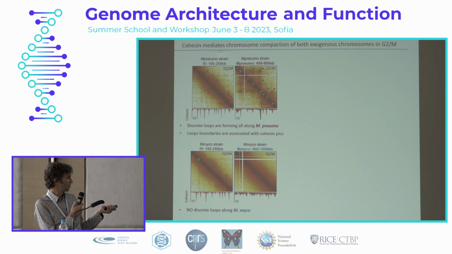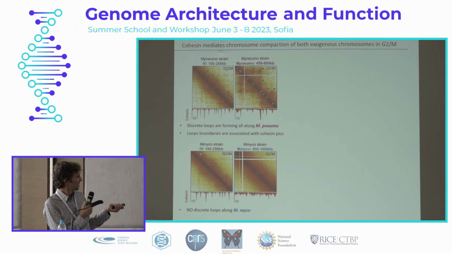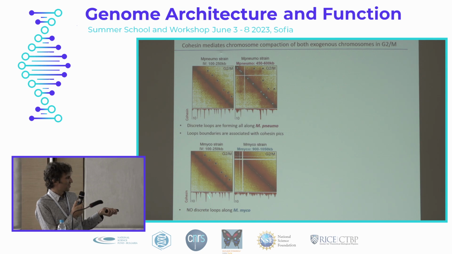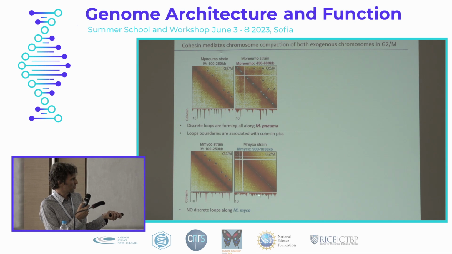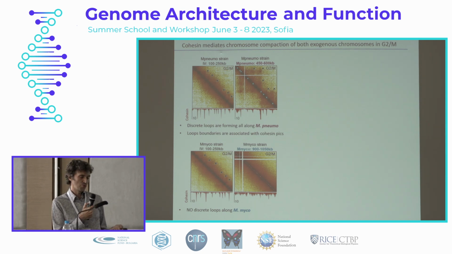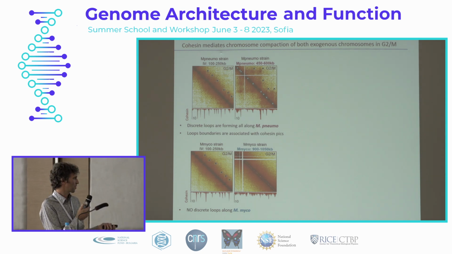You can see the loops are not super visible, but this is not Micro-C, right? It's Hi-C, but the loops are here, and they correlate well with the cohesin deposition sites. But when you look at the bacterial sequence, you don't see any more discrete loops. But you can see that there is a huge enrichment in cohesin that I mentioned earlier, and there is also a compaction of the genome, which is shown by the slope of the curve.